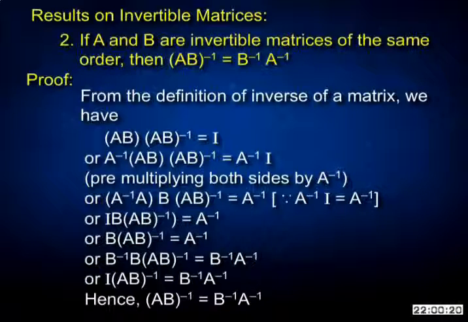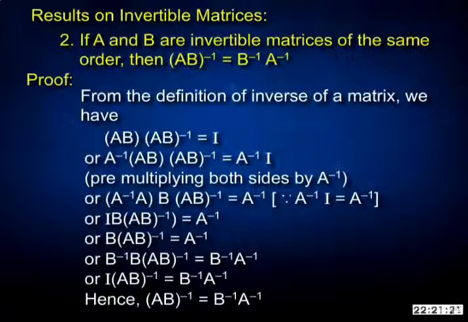This implies identity matrix I into B into inverse of A into B is equal to A inverse, which implies that B into inverse of A into B is equal to A inverse.